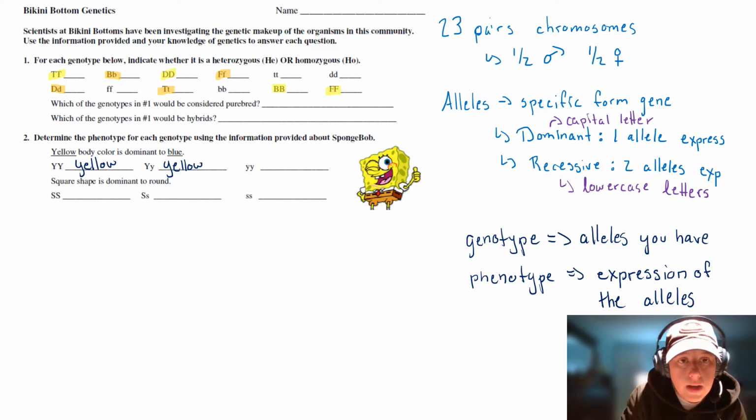Little y is showing blue because they're both my recessive traits. If I'm looking for square shape, dominant to round shape: capital S, square; capital S, square; and little s, round.